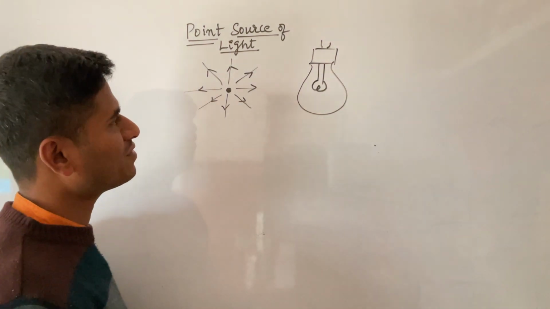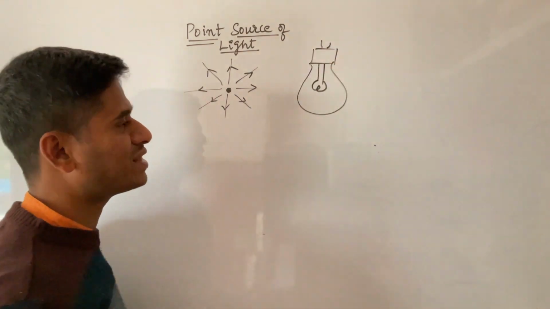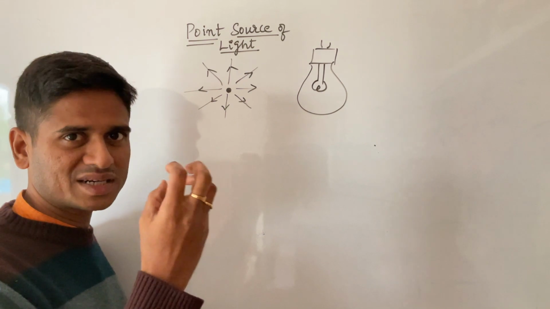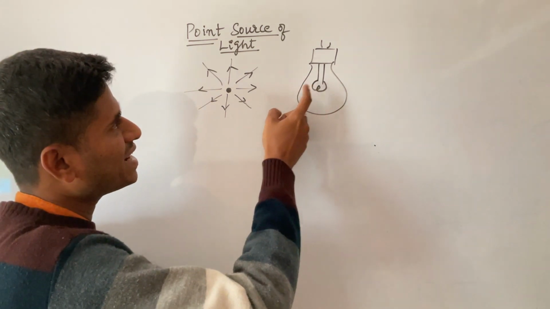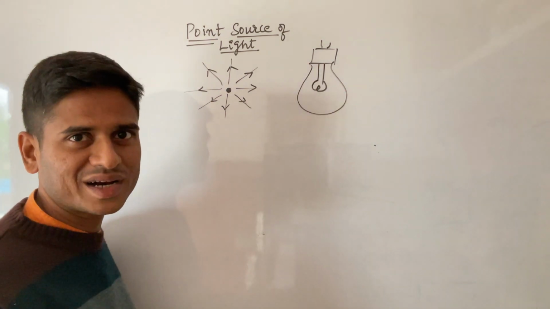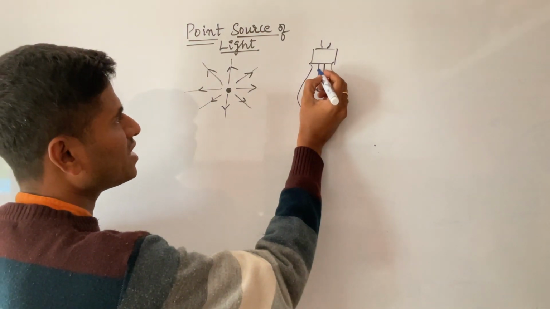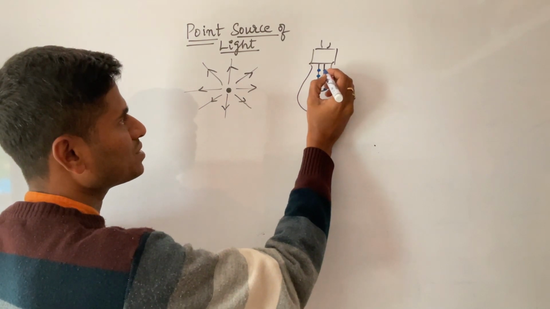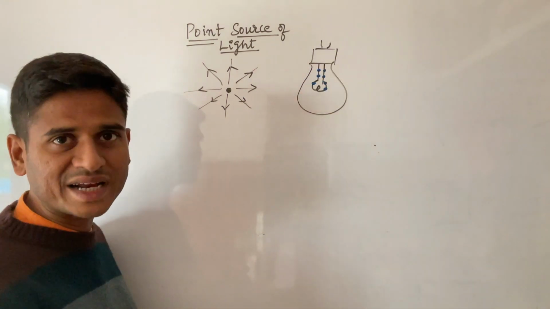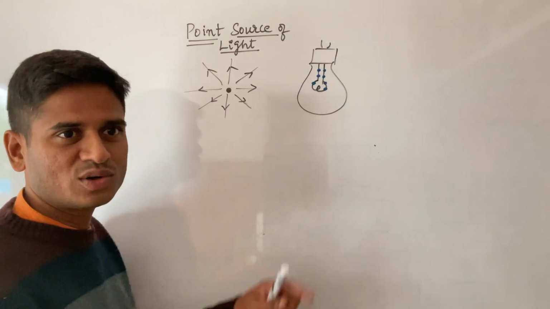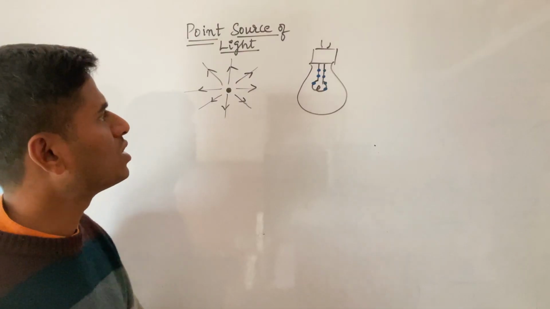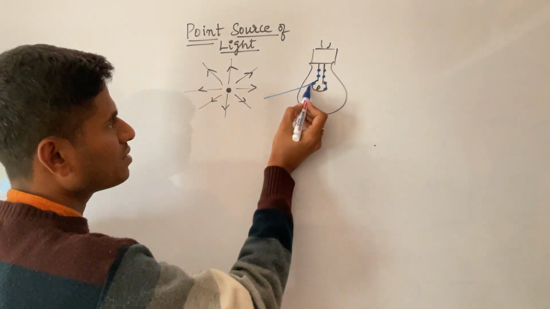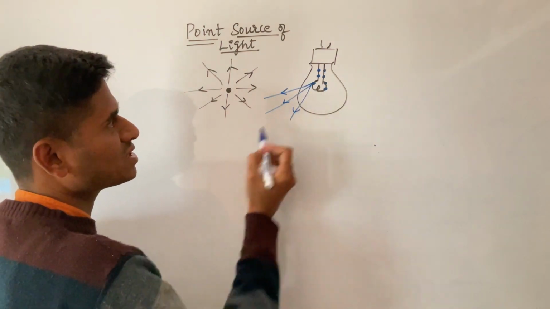Anyway, once current starts to flow in the filament, the entire filament gets heated up, and you see that light emanates from this filament. Now I can consider this filament to be made up of multiple point sources. An infinite number of point sources of light are coming together to form this source of light. From each point on the source of light, light rays are coming in all possible directions.